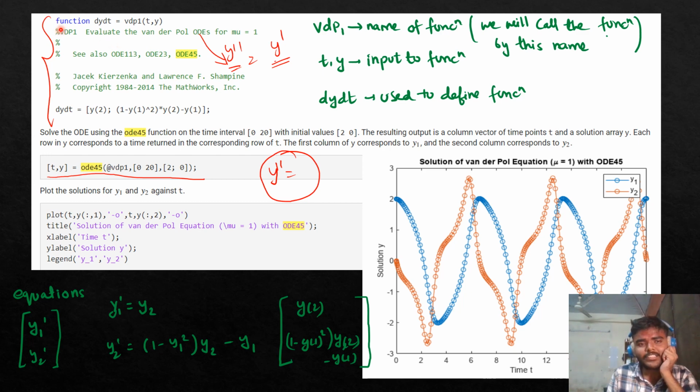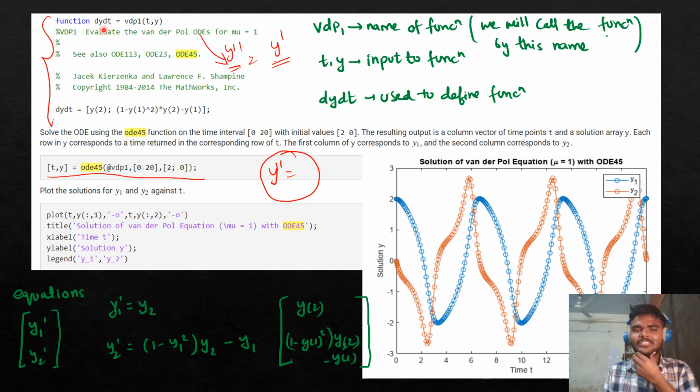So this is function, and then dydt is used to define a function. This particular name is used to define a function. It is not like you can write anything here. You can write your name also, like I can write my name here. Don't misunderstand it with dy by dt.